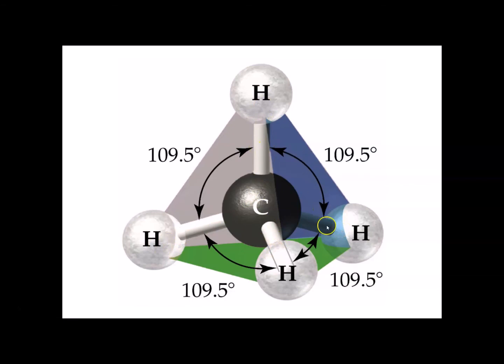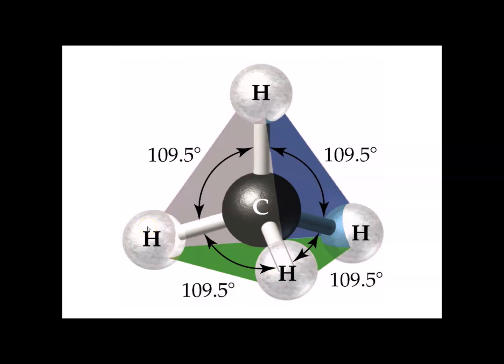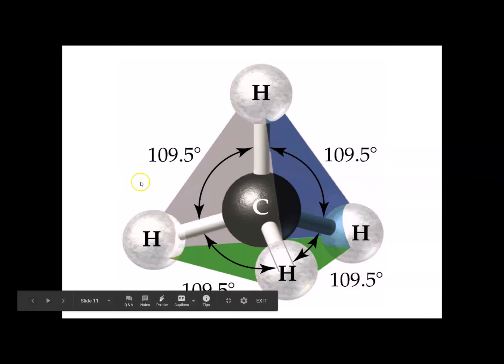The bond angles achieved are 109.5 degrees in space. Now, it becomes impossible to accurately represent this on a flat screen or a flat sheet of paper, and so we've got to use our imaginations here. Believe it or not, if you were to rotate this molecule, it would look the same from all sides with the same angle, 109.5.